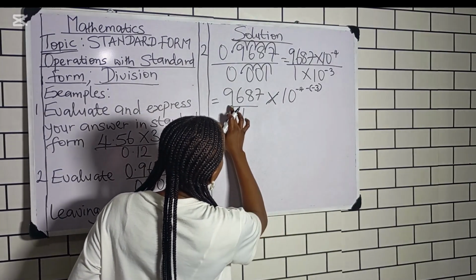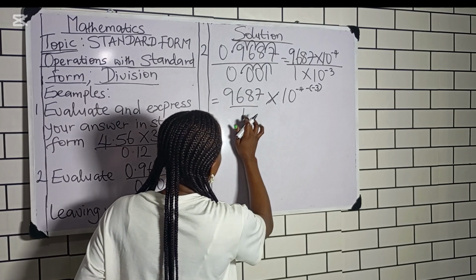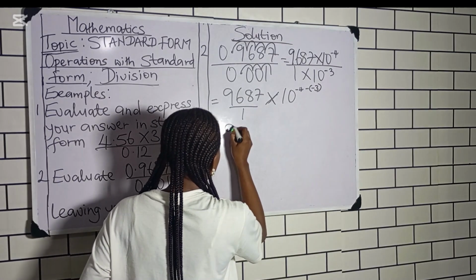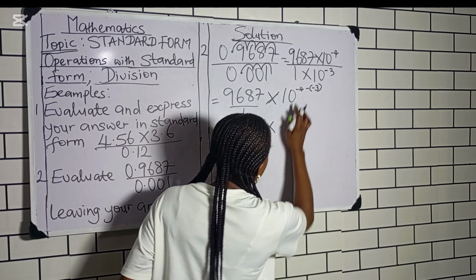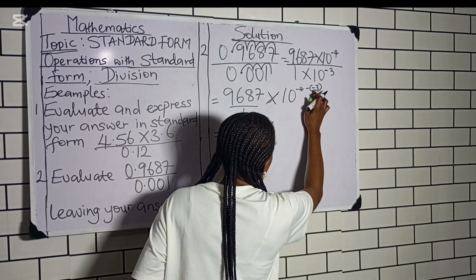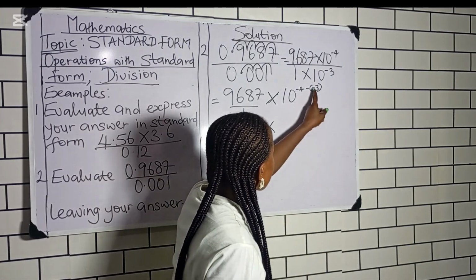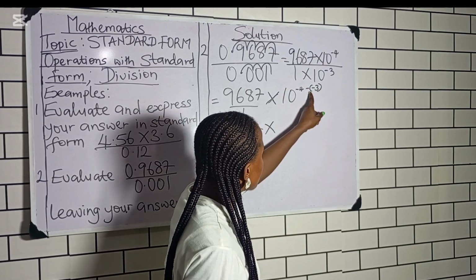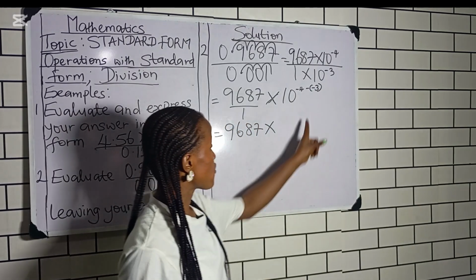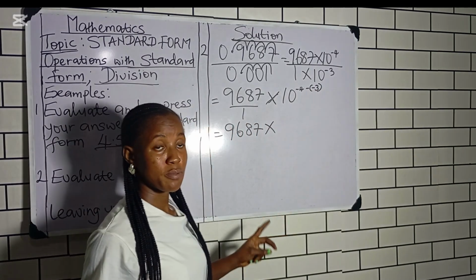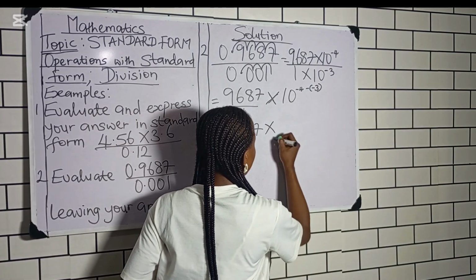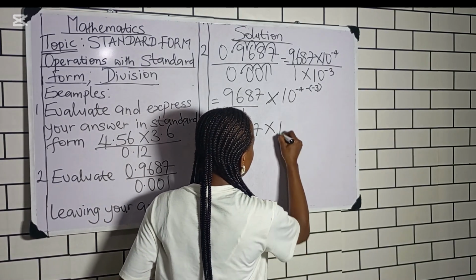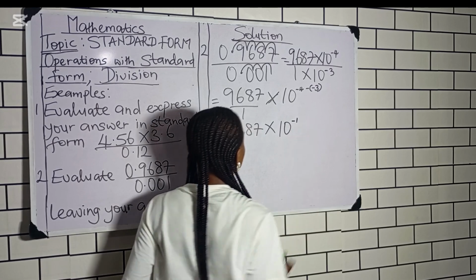Now, 9687 divided by 1 will still give us 9687 times minus 4 minus 3. Minus times minus here, because the bracket signifies multiplication. Therefore, minus times minus will give us plus. Minus 4 plus 3 will give us minus 1. Therefore, this is times 10 raised to the power minus 1.